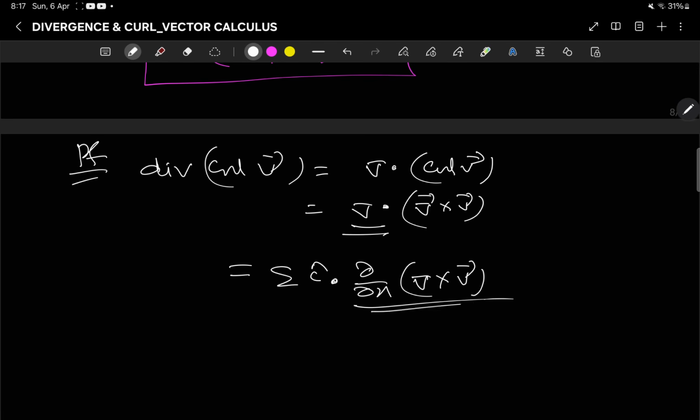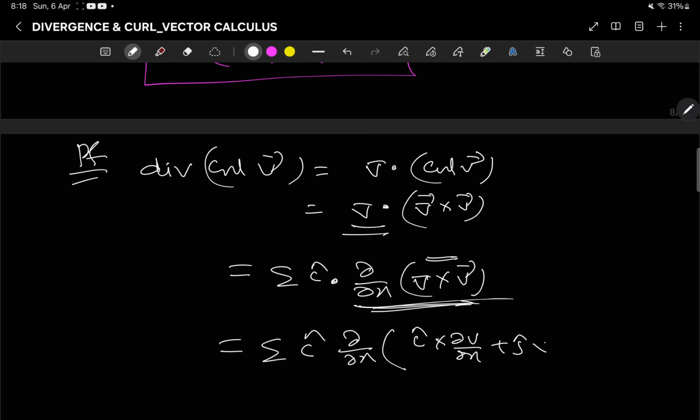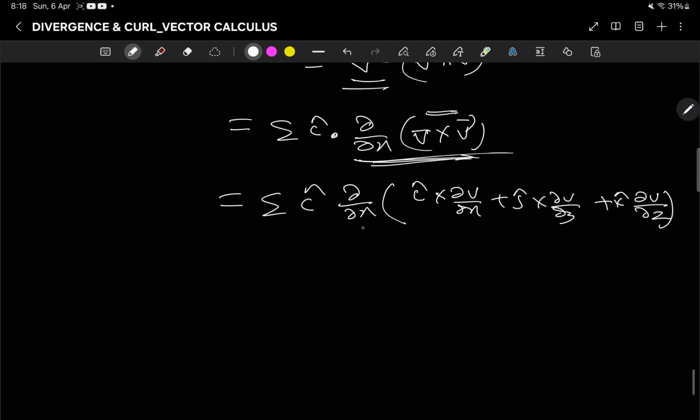So apply the differentiation rule here. So this is i cap del by del x of this, you can write del by del x of, here del cross v you write in detail, i cap cross del v by del x plus j cap cross del v by del y plus k cap cross del v by del z. Okay, so now you operate it.